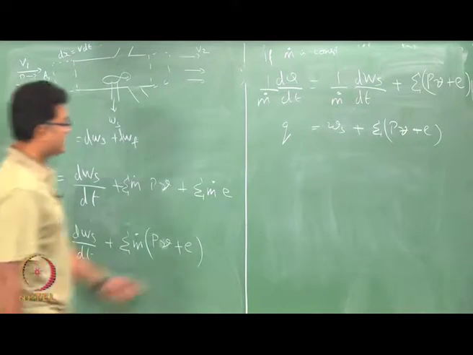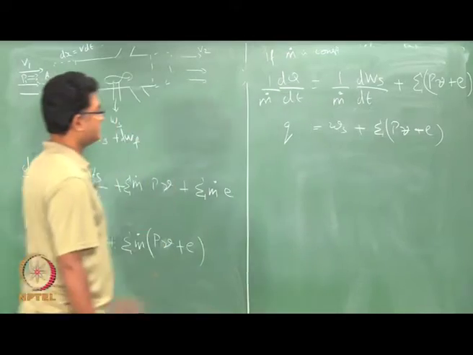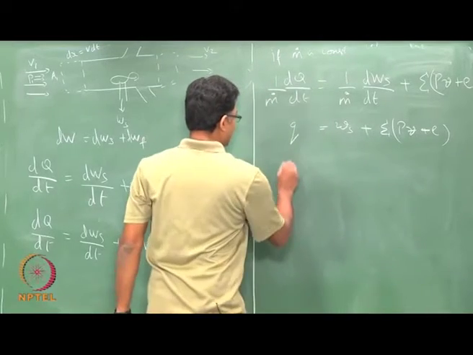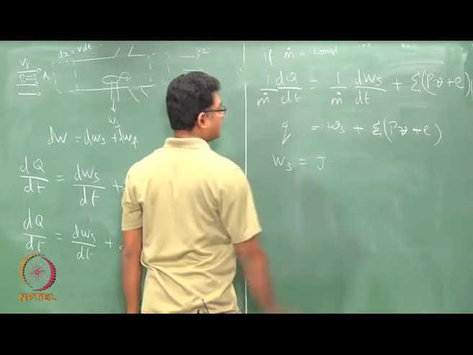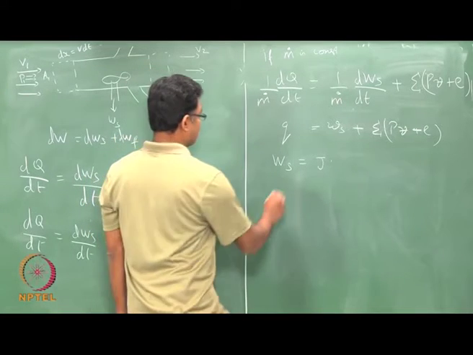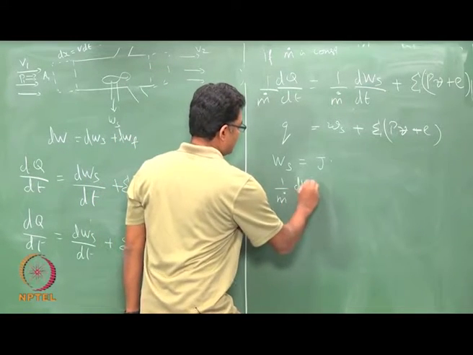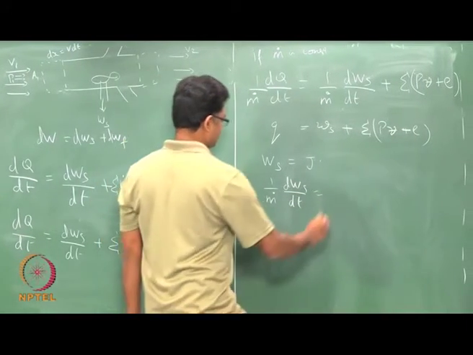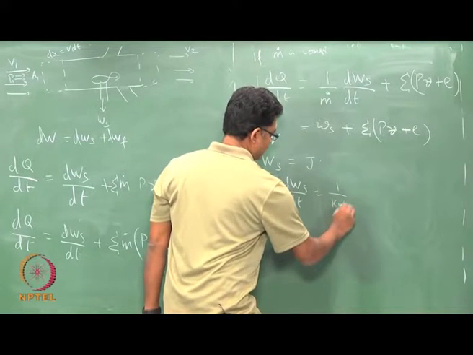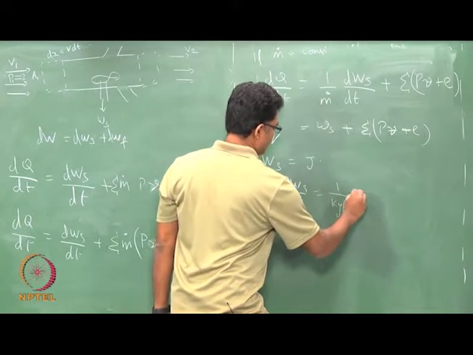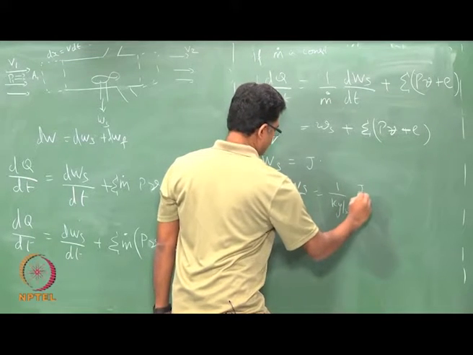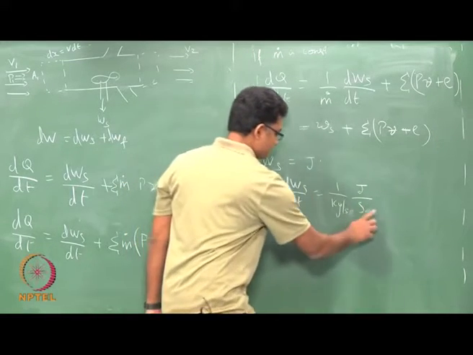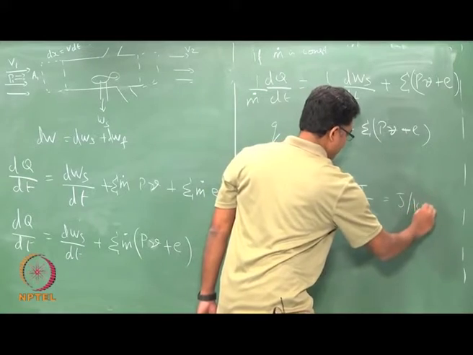So, if you look at the units of q, what is the unit here? Ws is joule. So, your 1/m dot dWs/dt is 1/(kg per second) into joule per second. So, this is joule per kg.